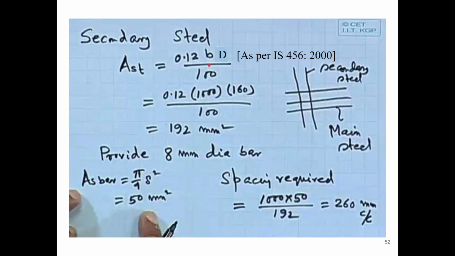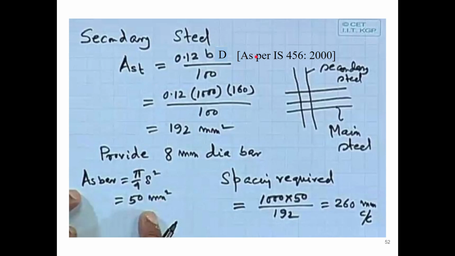That is the minimum amount of steel required for a beam, and the maximum is 0.04 B into D, where B is width and D is the actual depth, not the effective depth. That is for beam maximum reinforcement.